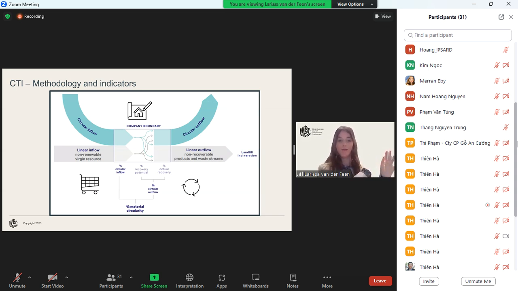So that's circular inflow. But then there's also the outflow part. And you can see there are two units there. We see percentage recovery potential on the slide, but also percentage actual recovery. And those two need to be multiplied.